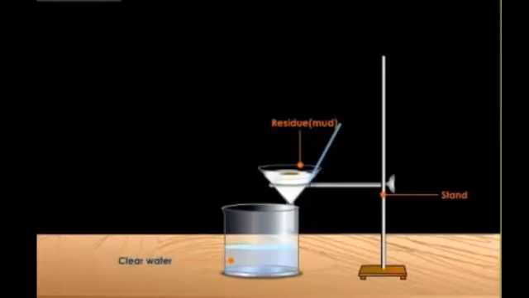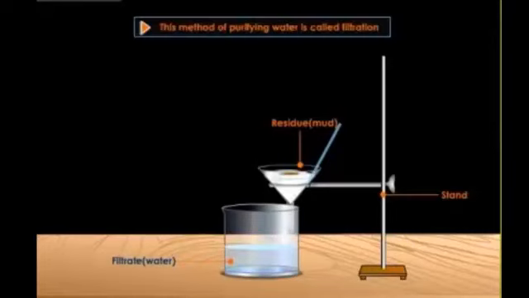This clear water that we've obtained from the muddy water is called a filtrate. So this is the clear water that we've obtained from the muddy water. Now this method of purifying water is called filtration. So that's the take-home message. I've just given you a clear animation on how the process of filtration works.